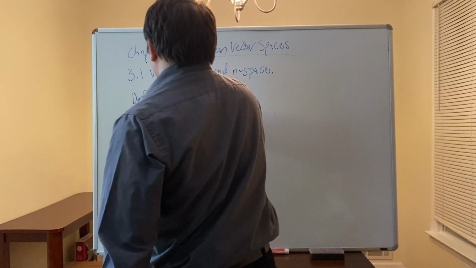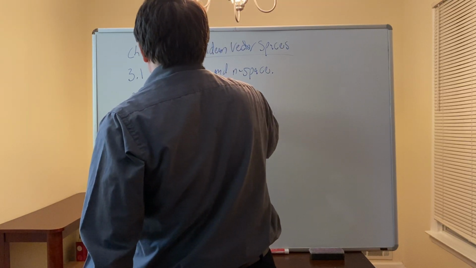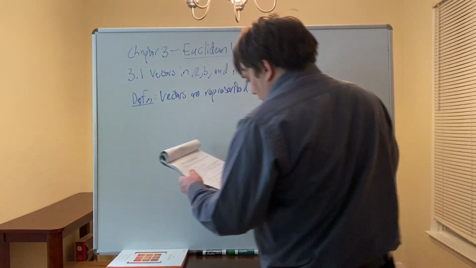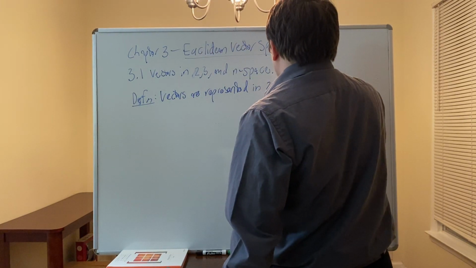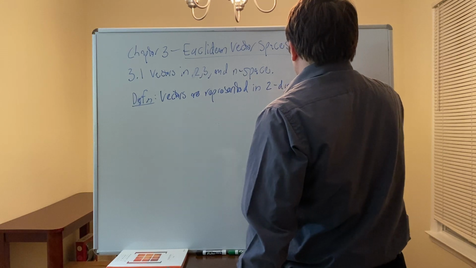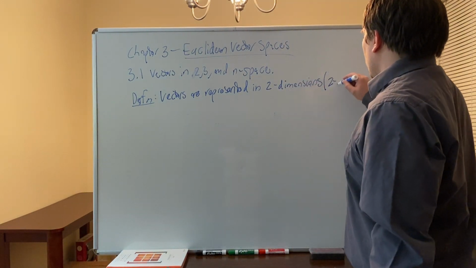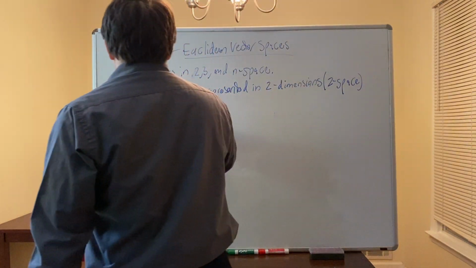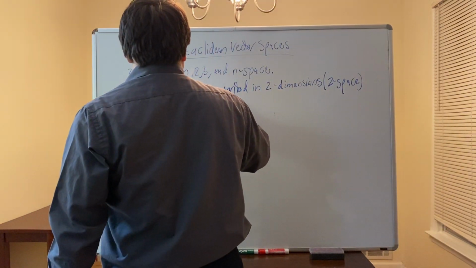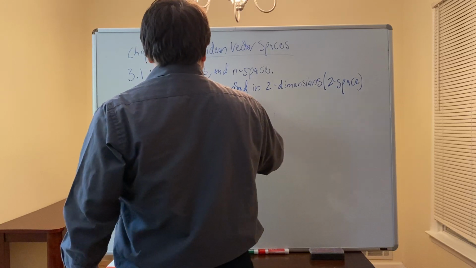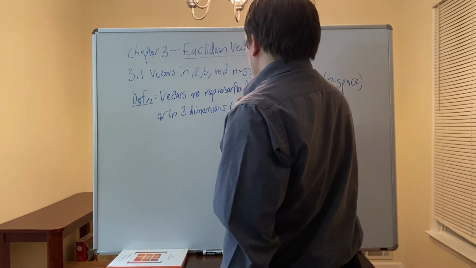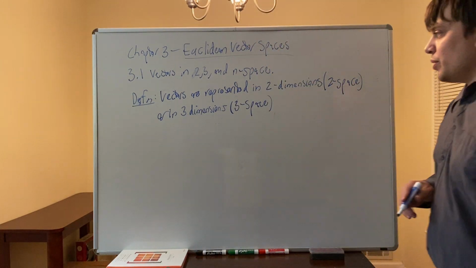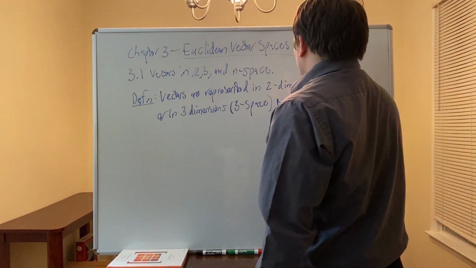Vectors are represented in 2 dimensions, also called 2 space for short, or in 3 dimensions, 3 space, by arrows.